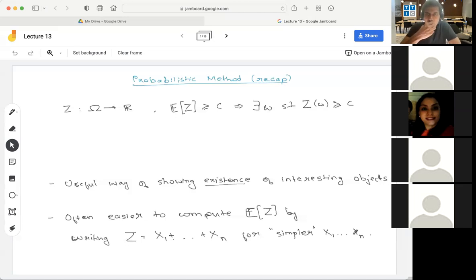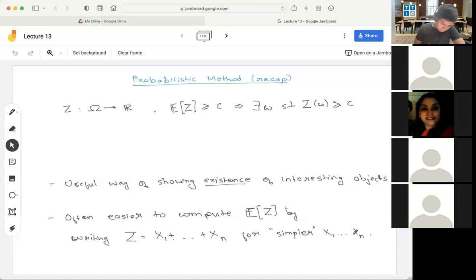To get back to what we were discussing last time, we were talking about the probabilistic method, which we kind of embodied a basic version of in this simple statement: if you have some random variable z such that the expectation of z is greater than or equal to c, then there is some outcome omega on which z of omega is greater than or equal to c.